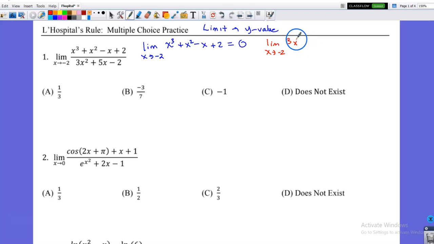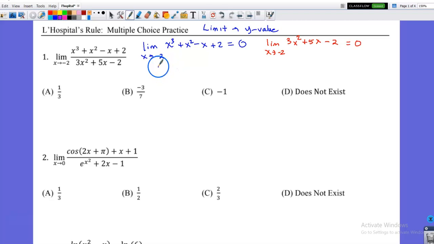This is the first phase of L'Hopital's rule that allows me even to apply the rule. I'm showing that the conditions are met. By substituting -2 into the denominator, I get 0 again. Now I can move forward and apply L'Hopital's rule.